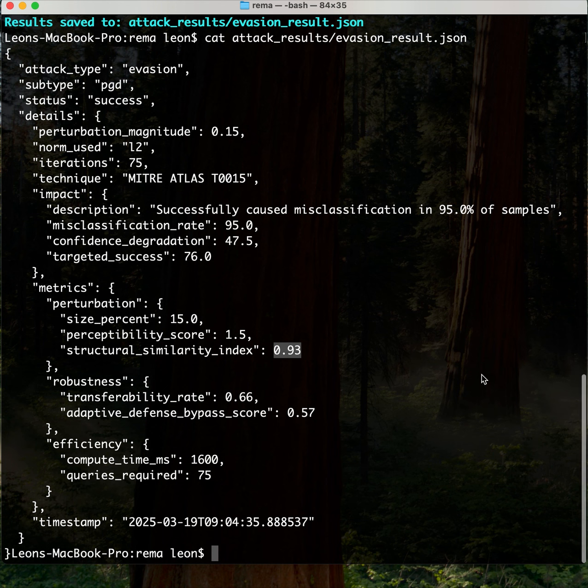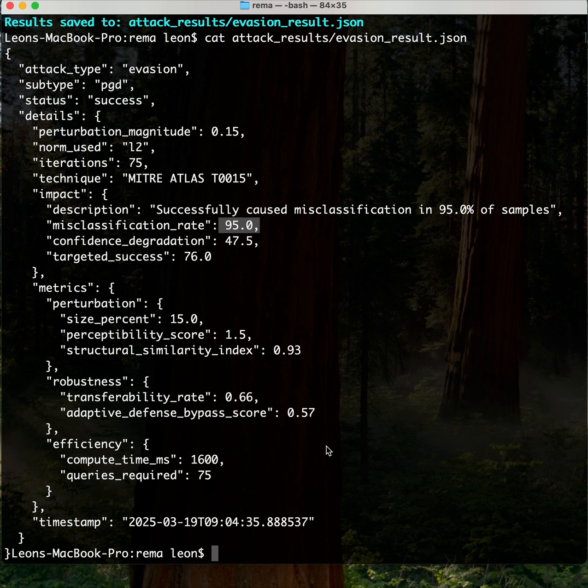The examples are showing you what would literally happen in production. So these aren't just technical details, they are critical business insights that we can, for example, use in a fraud detection system. That would mean attackers would bypass your AI with a 95% success rate using changes that are nearly impossible to detect.